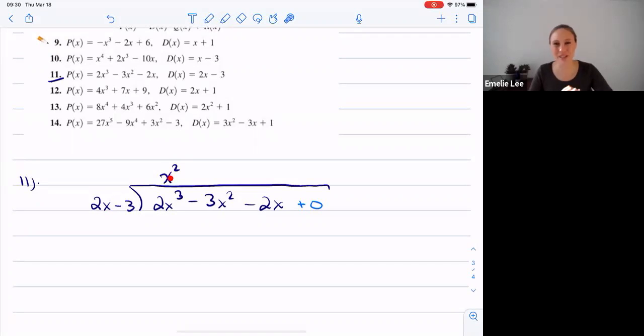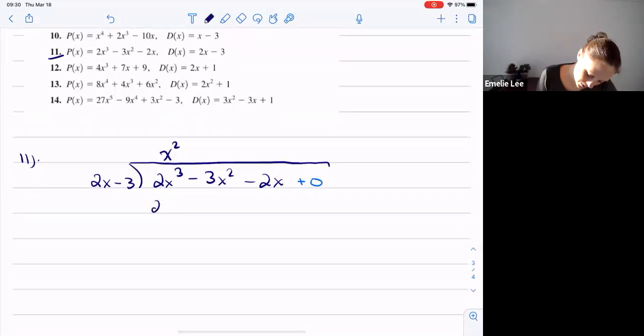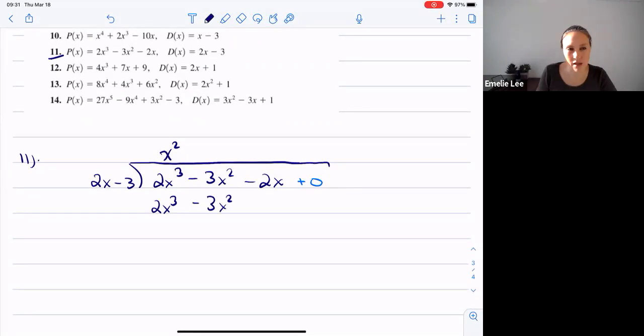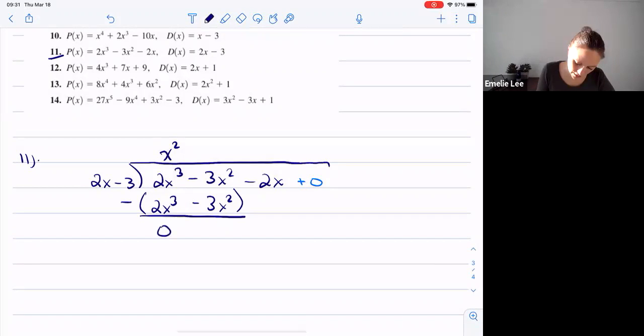Then I take x squared and bring it back down. So x squared times 2x minus 3 puts me at 2x to the 3, that's good, minus 3x squared. And then I want to subtract that. First term is going away, which is good.